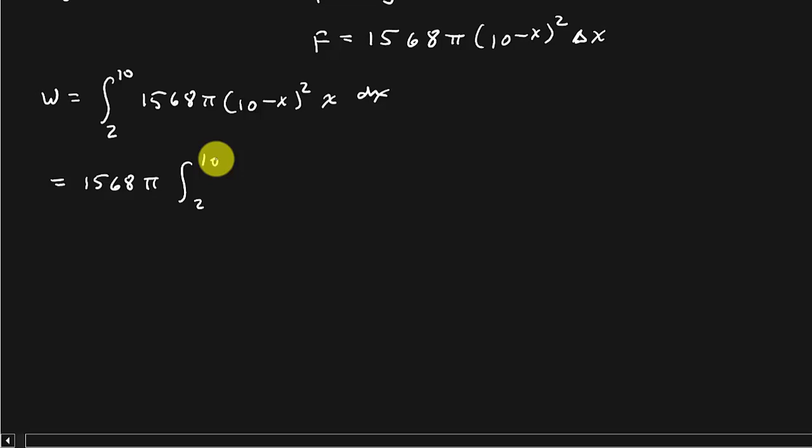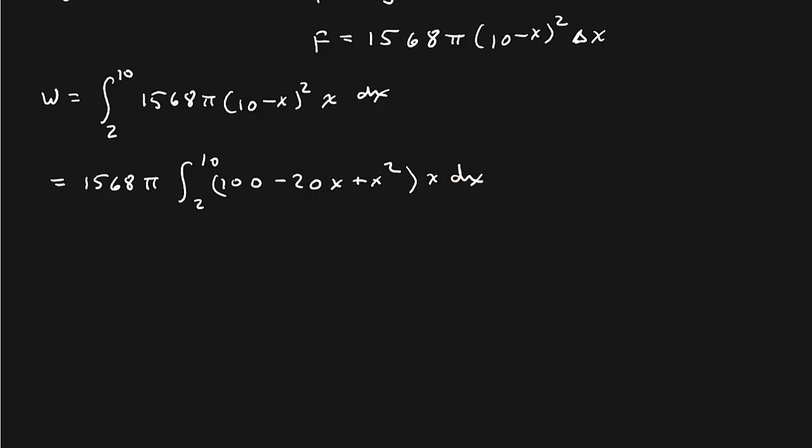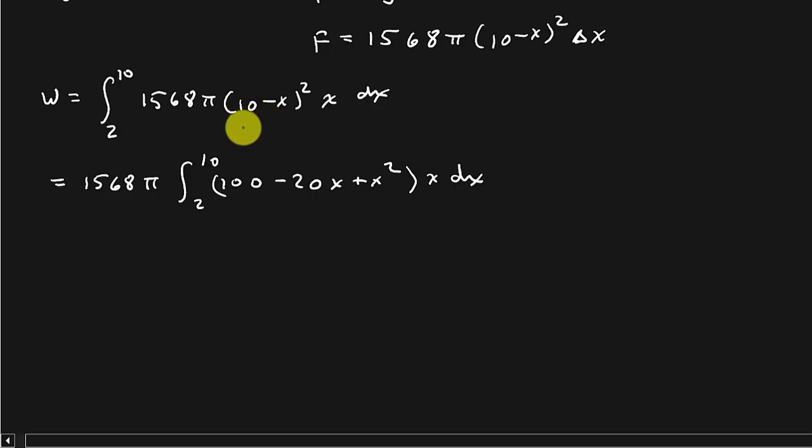So I'm pulling out the constant terms. And then that's going to be 100 minus 20x plus x squared times x dx. All right, so where did that come from? Well, that 10 minus x squared, remember that's just 10 minus x times 10 minus x.